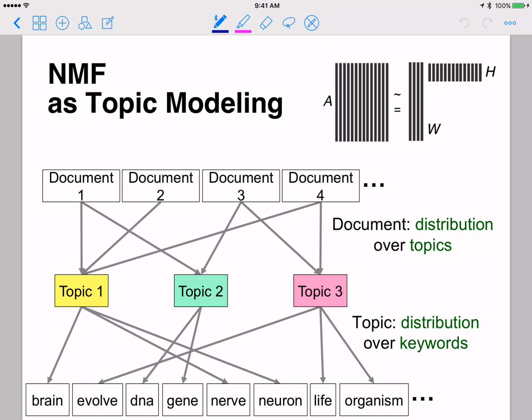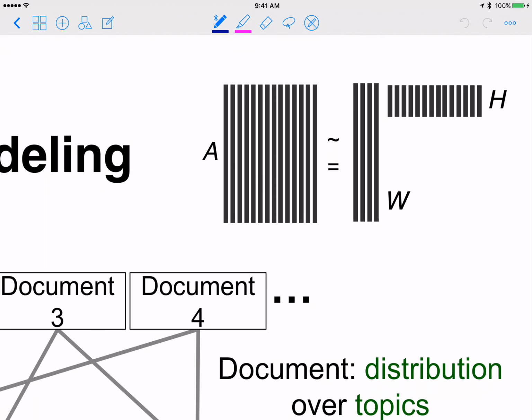In the case of topic modeling applications, we typically start with a bag-of-words vector representation of our input matrix or input data. The first column is document 1, document 2, document 3, and so on. The first row corresponds to term 1, the second row is term 2, and so on.